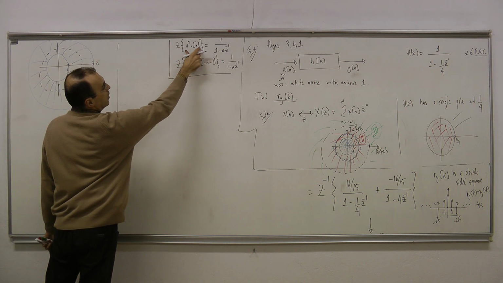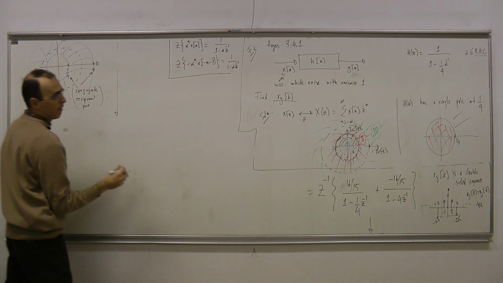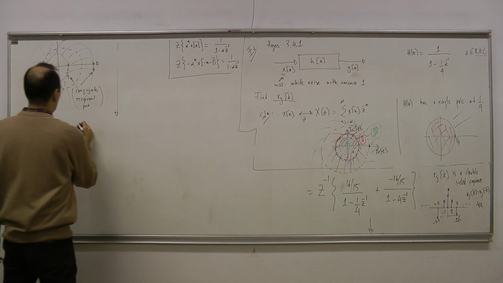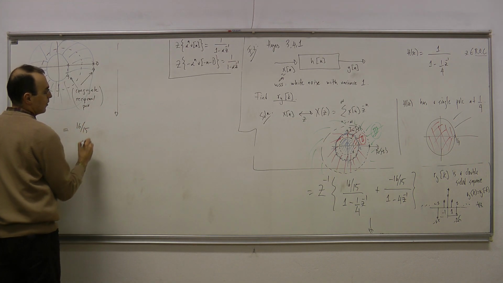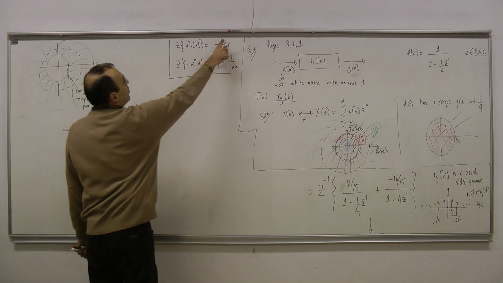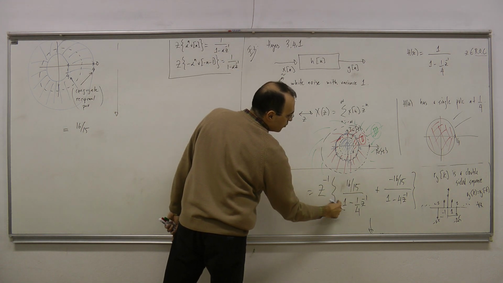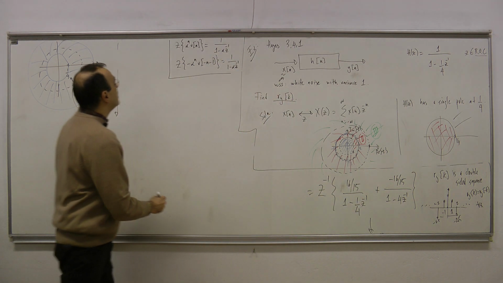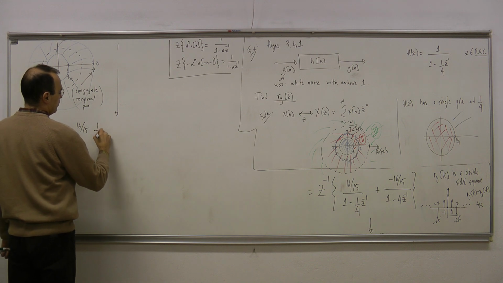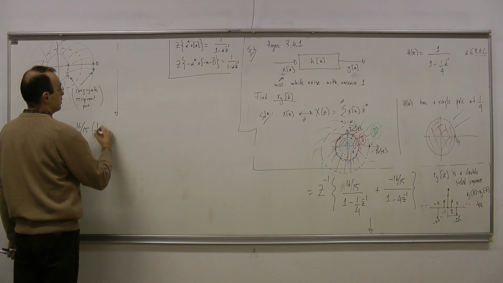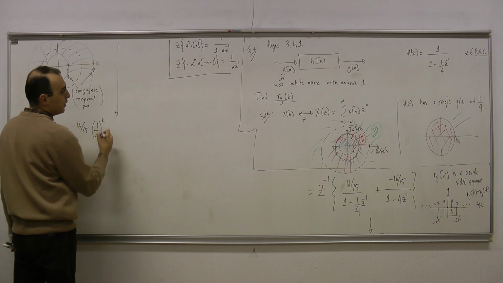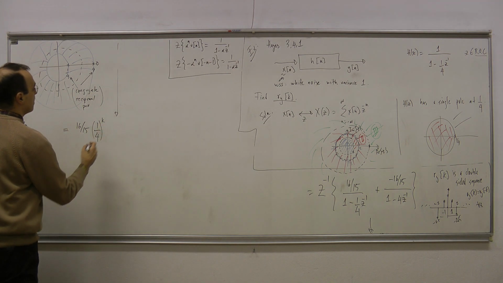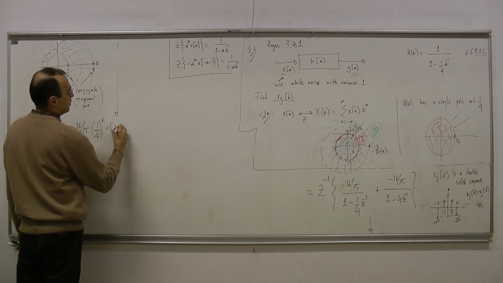Okay? So this is the causal relation. So 16 over 15, and 1 over 1 minus alpha Z inverse, 1 over 4 to the power k, because this is autocorrelation, u of k.